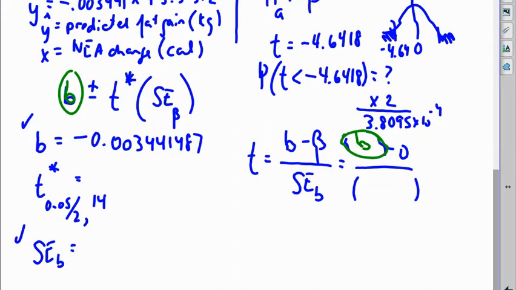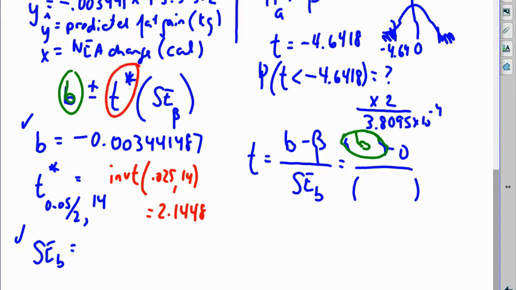My critical t value, if I use the inverse t for 0.025 comma 14, the calculator will give me a value of 2.1448. So that would have gone right here in my confidence interval situation.